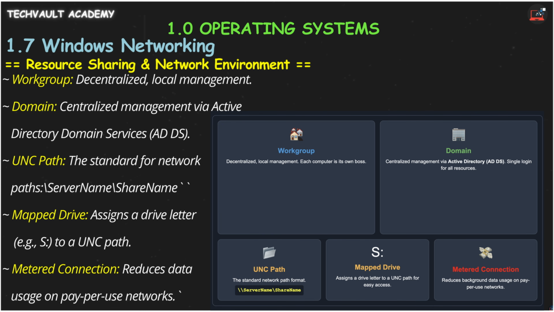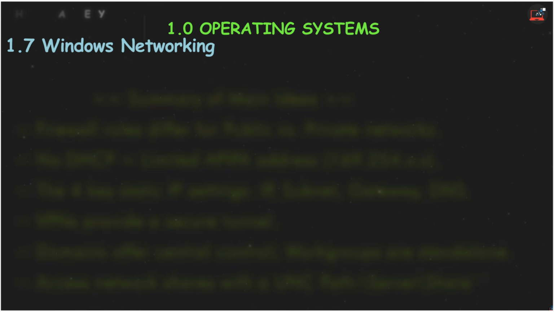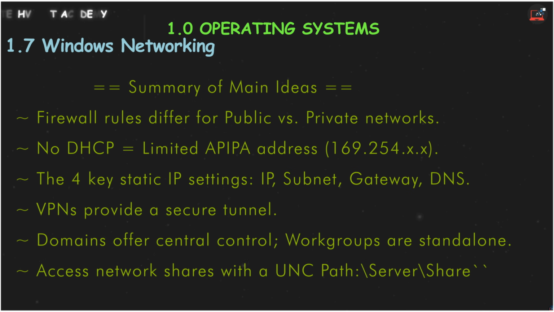That covers the critical details for this objective. To recap, the firewall uses different rules for private and public networks. If DHCP fails, your PC will get a limited APIPA address in the 169.254 range. The four key IP settings are IP address, subnet mask, gateway, and DNS. A VPN creates a secure encrypted tunnel over a public network.